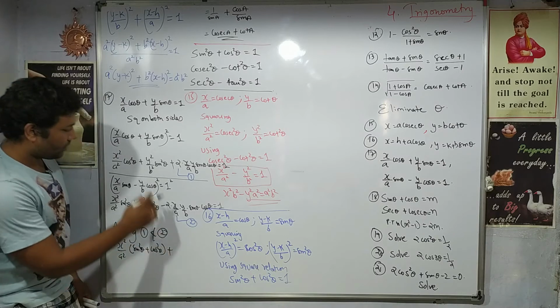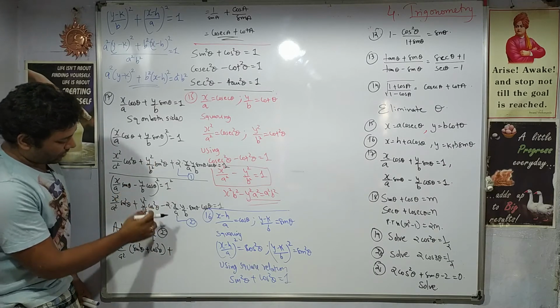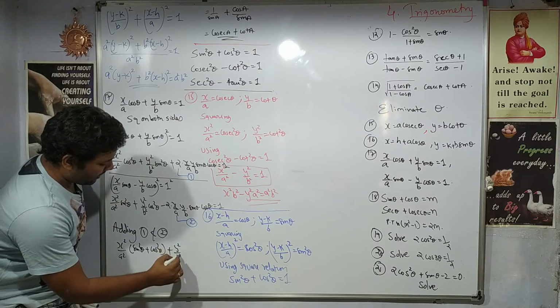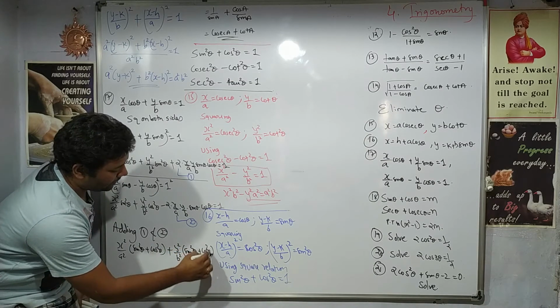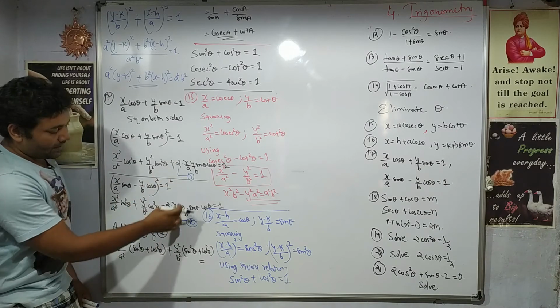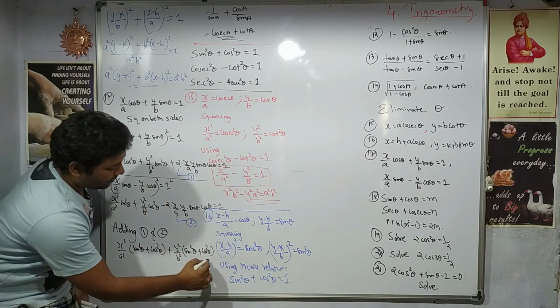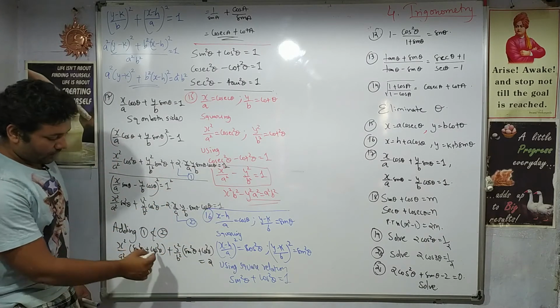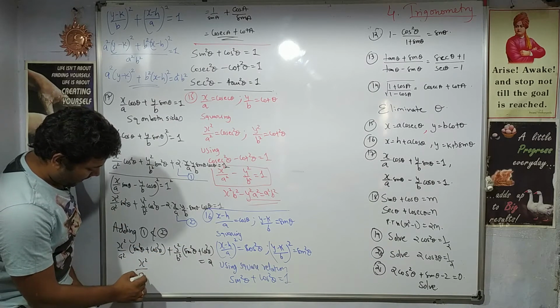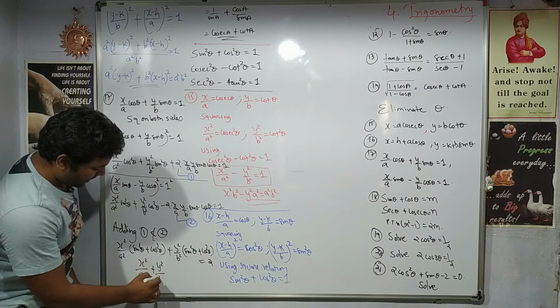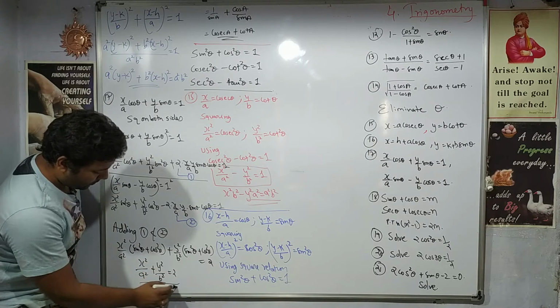Then plus, adding these two terms, y square by b square, sin square theta plus cos square theta. These terms get cancelled, then 1 plus 1 will be 2. Sin square theta plus cos square theta is 1. So your answer will be x square by a square plus y square by b square is equal to 2.